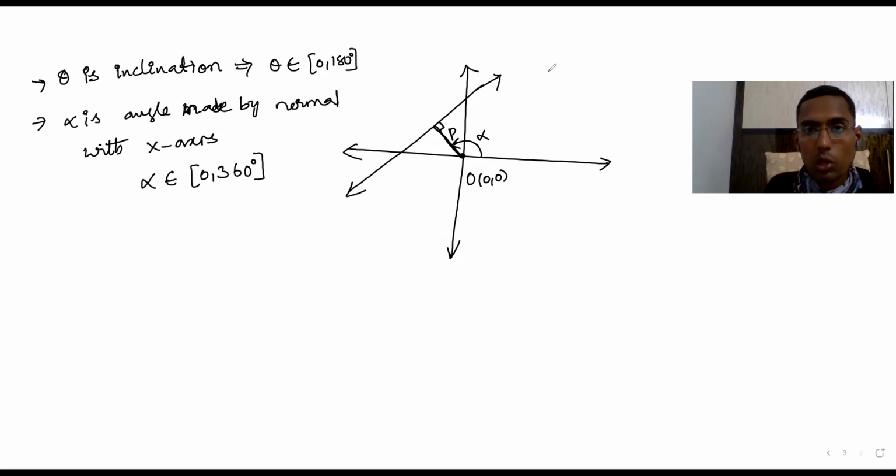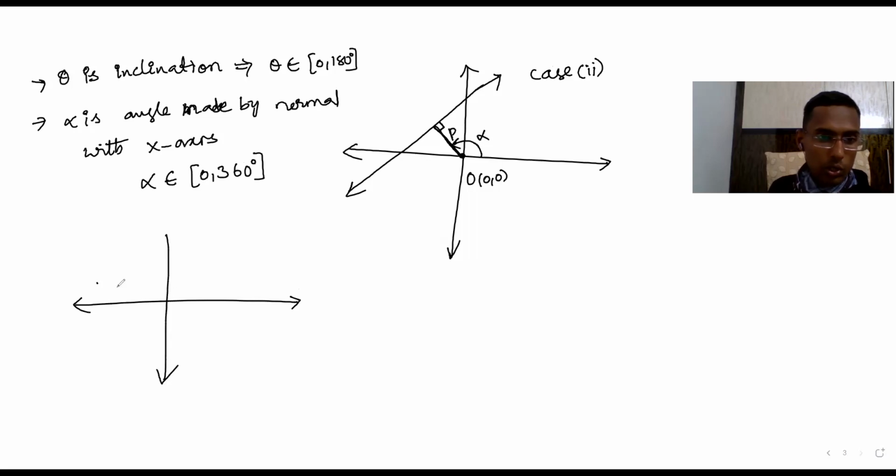This is case 1, this is case 2. In case 2 I showed, alpha is more than 90 degrees. Now case 3. If the line is like this, then we have to draw the normal like this. This is P and this is alpha, measured in the anti-clockwise direction like this.